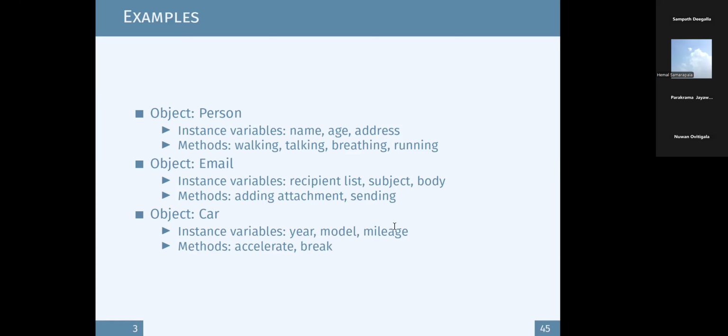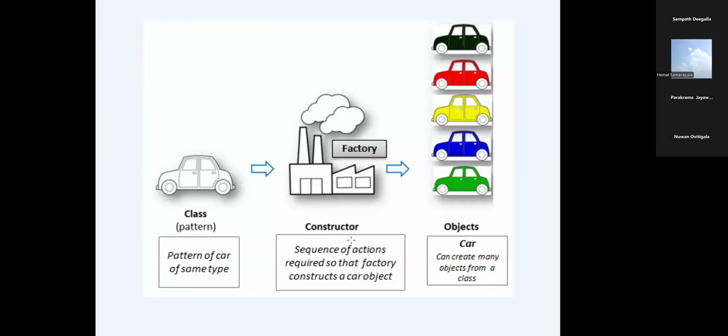Take an email: the data items that we want to store are things like recipient list, the subject, the body, and then methods like adding an attachment could be a method. Sending is a method. Take a car, for example, we can keep track of year, model, mileage, and then methods like accelerate and brake can be used. Okay, right.